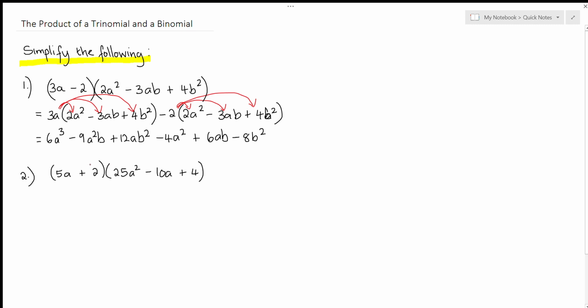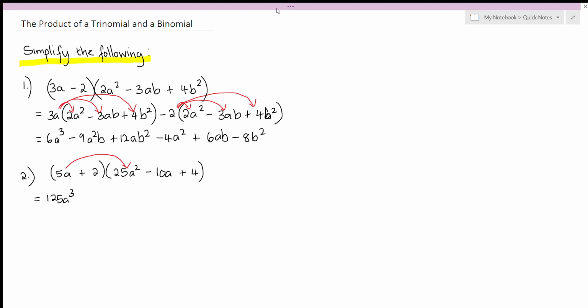If you don't want to write it out, you basically can go 5a times 25a squared, and that would give me 125a cubed, and then 5a times negative 10a, that would give me negative 50a squared.